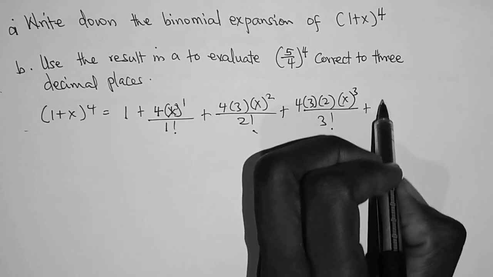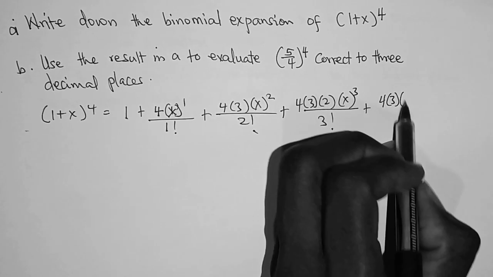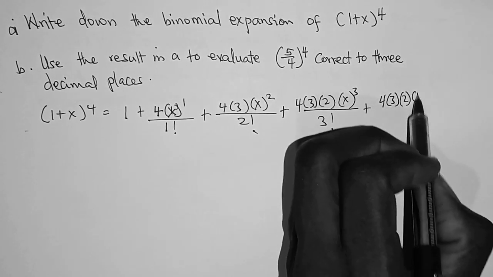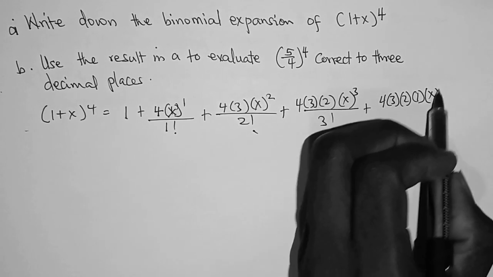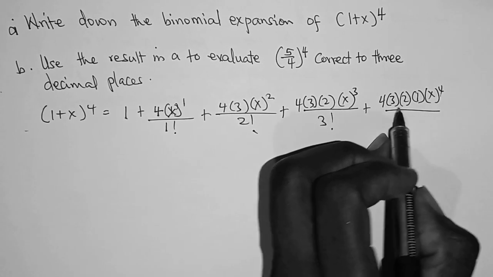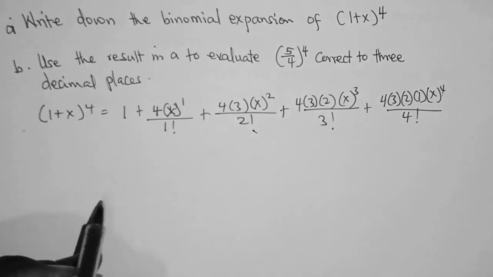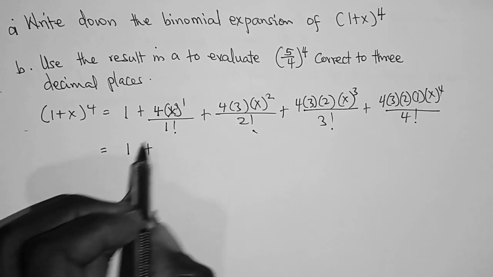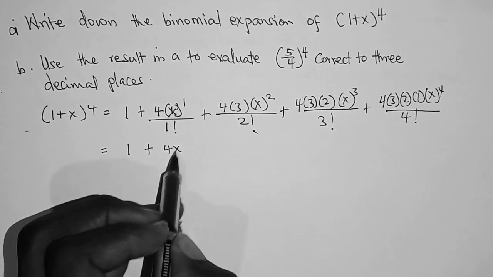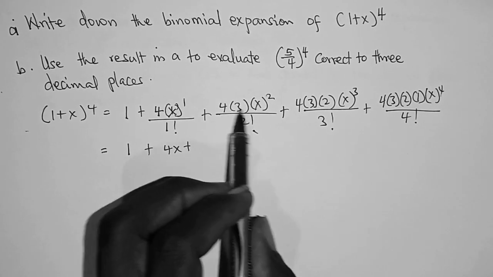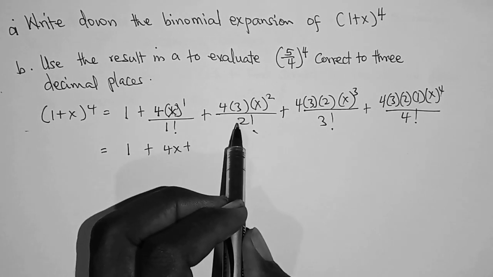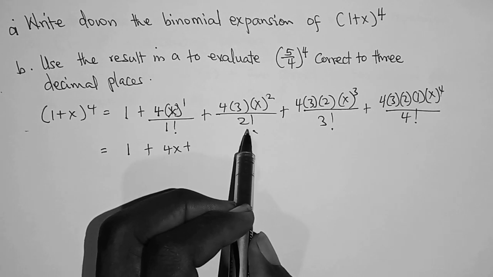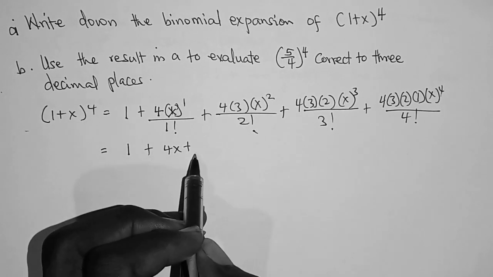And the last term is 4 times 3 times 2 times 1 times x^4 divided by 4 factorial.